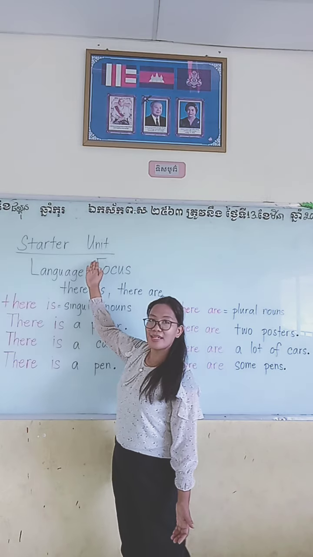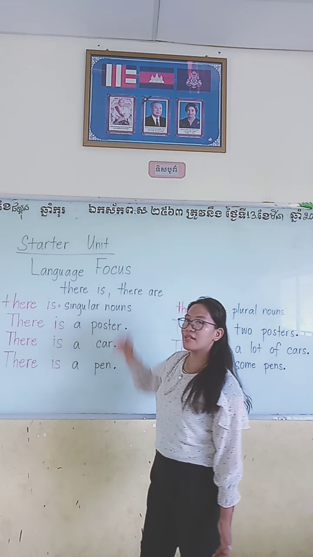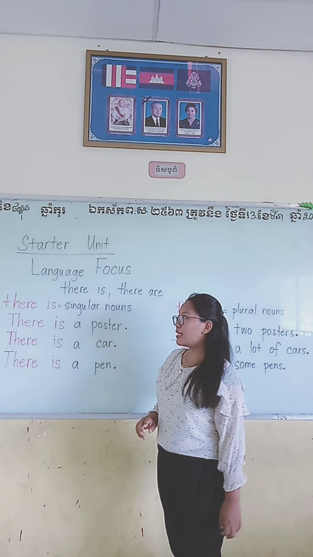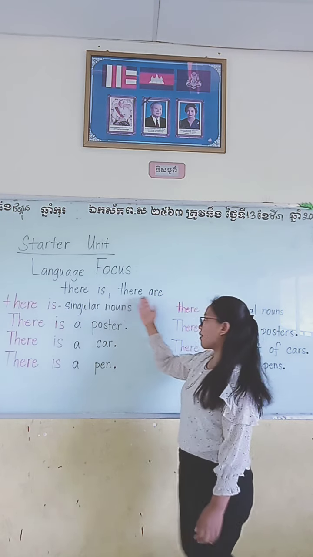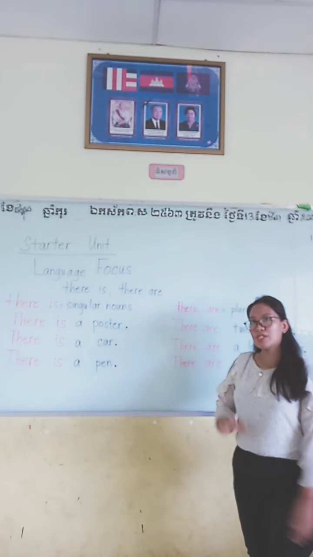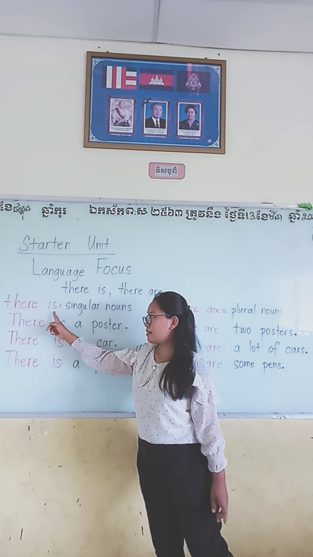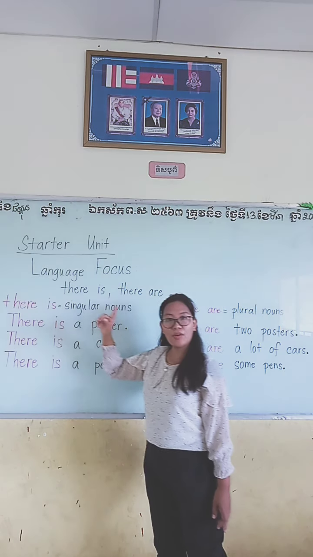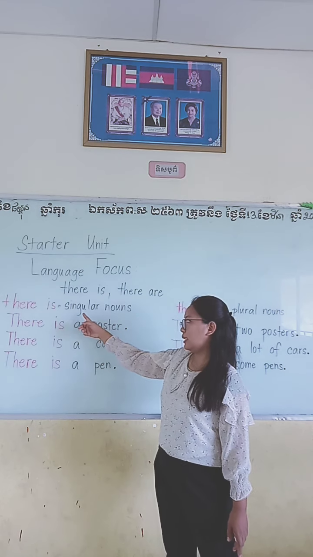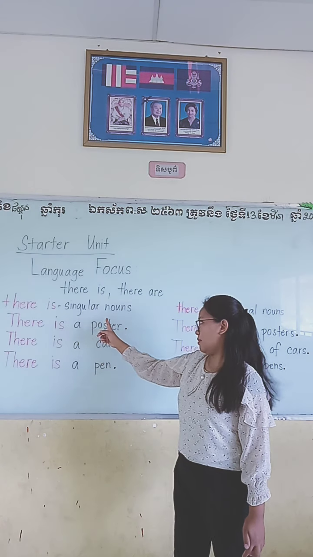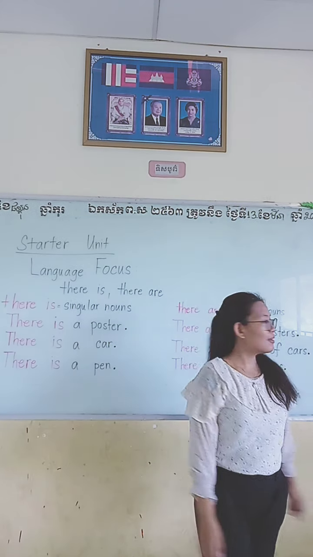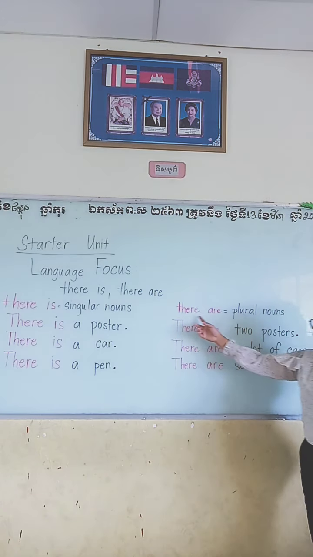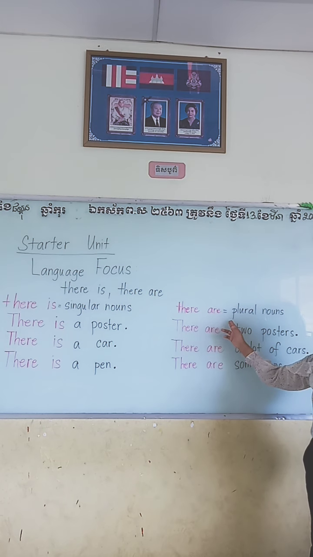Starter unit, language focus. Today we're going to learn how to use there is and there are. When we talk about there is, we are going to use it for singular nouns. And for plural nouns, we are going to use there are.